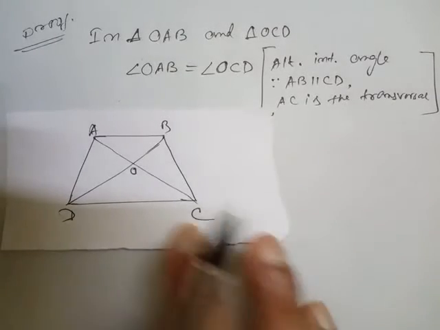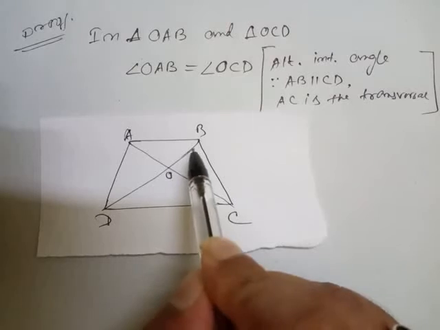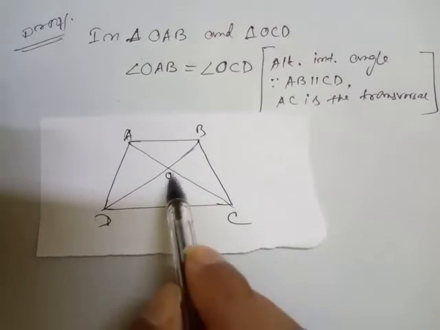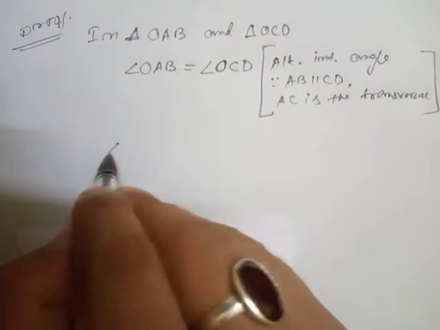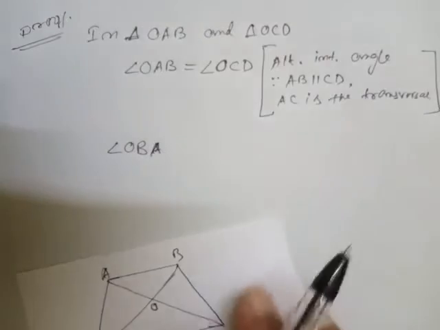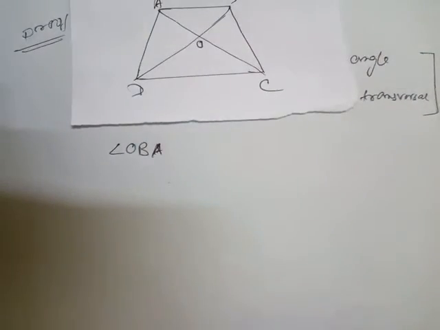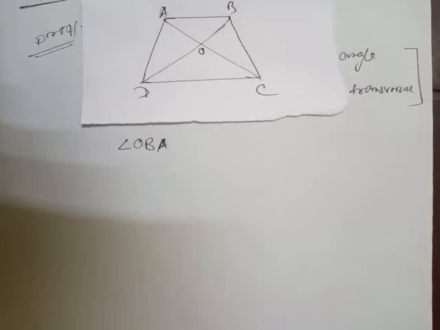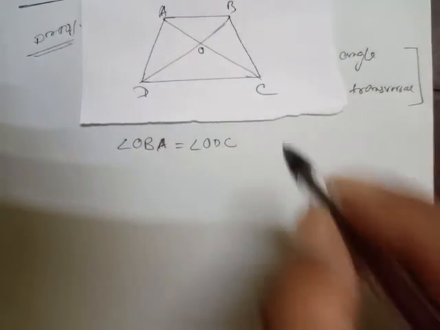This is the first one. Now in the second case, angle OBA, which means this angle, and angle ODC, also this angle. So we'll write here that angle OBA equals angle ODC. Why?